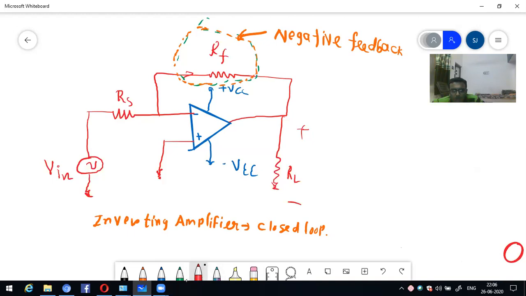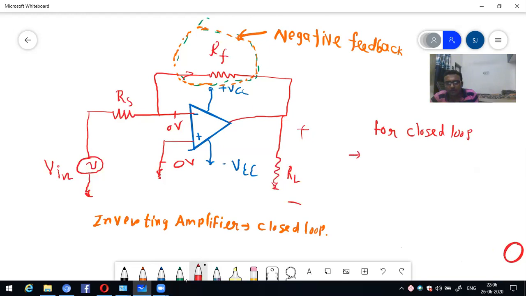Now for closed loop, at the non-inverting point, if here 0 volt, then here also 0 volt. Why? Because infinite resistance is created at the inverting and non-inverting terminals.